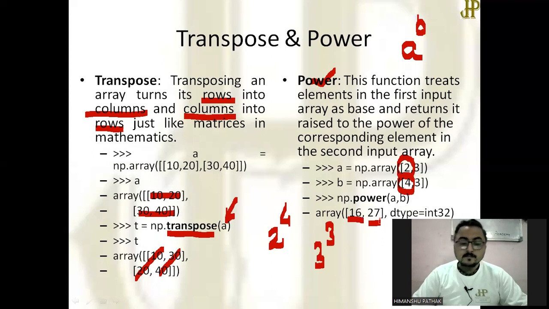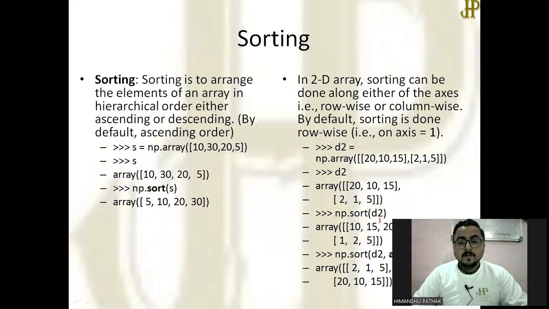Okay, now moving on further. Next important topic is sorting. Sorting, we all know, is arranging the elements of an array in ascending or descending order, that is increasing order or decreasing order. So the sort method can be used. Here I have taken some random values 10, 30, 25.